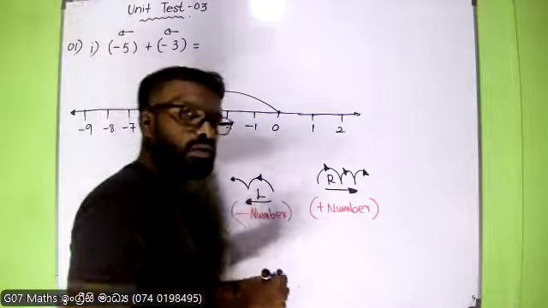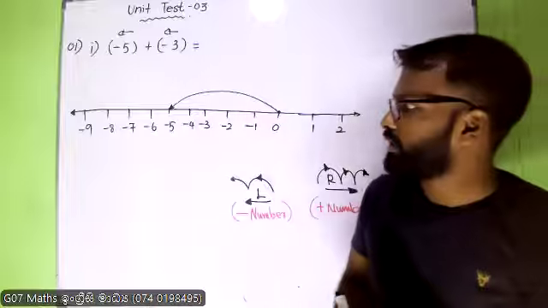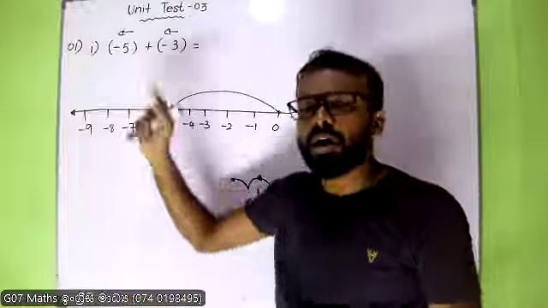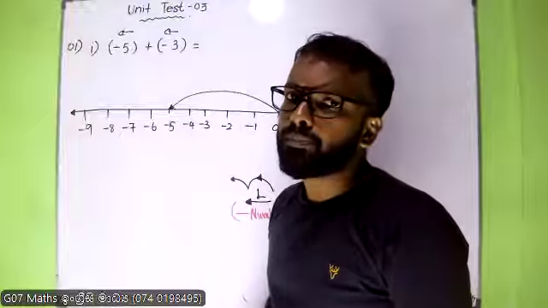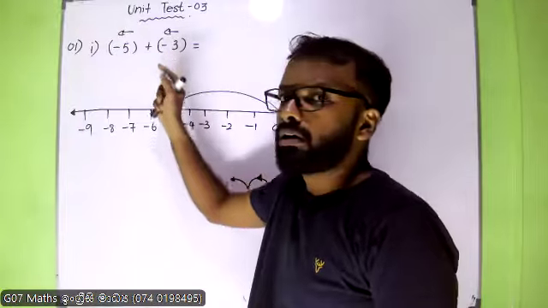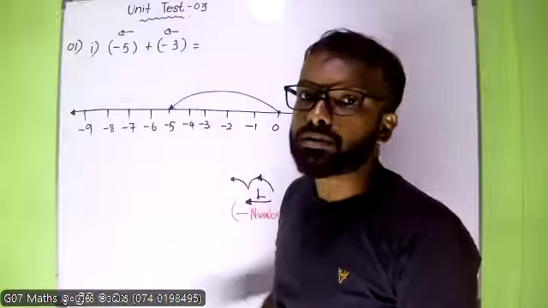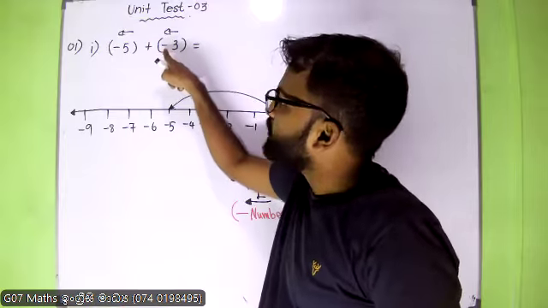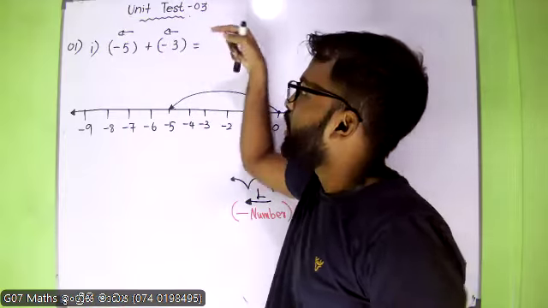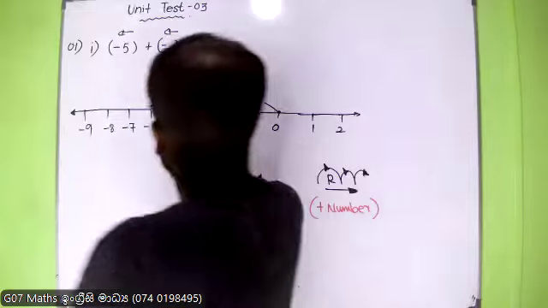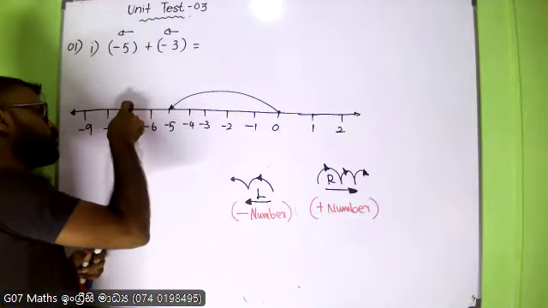And then again, how many times should I jump? To my left hand side, because this is negative, I should jump 3 times. Another 3 times: 1, 2, 3.